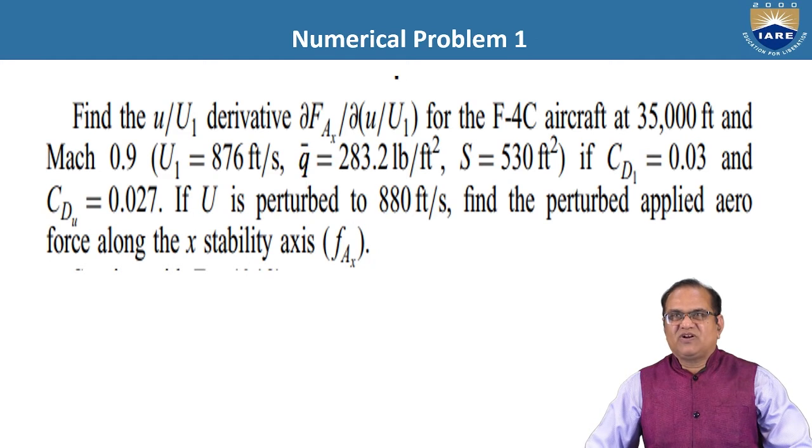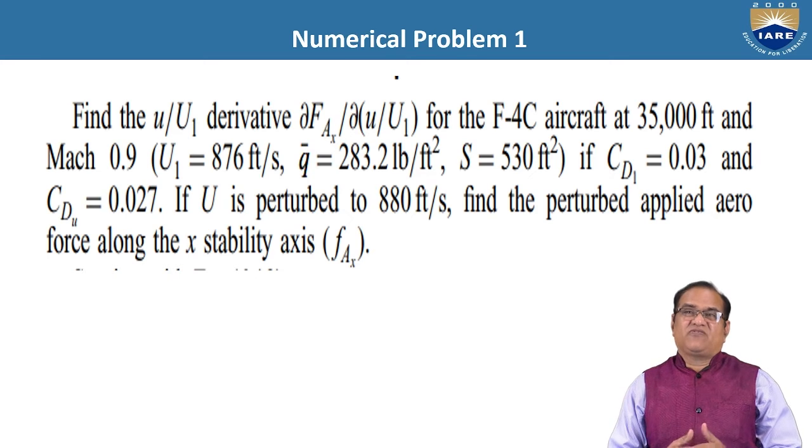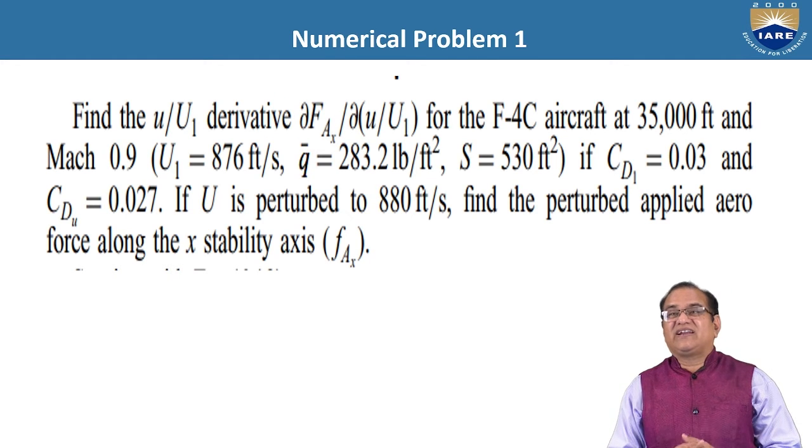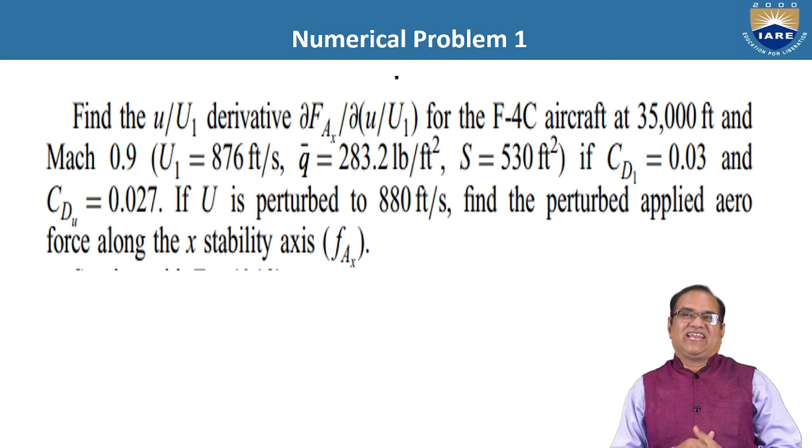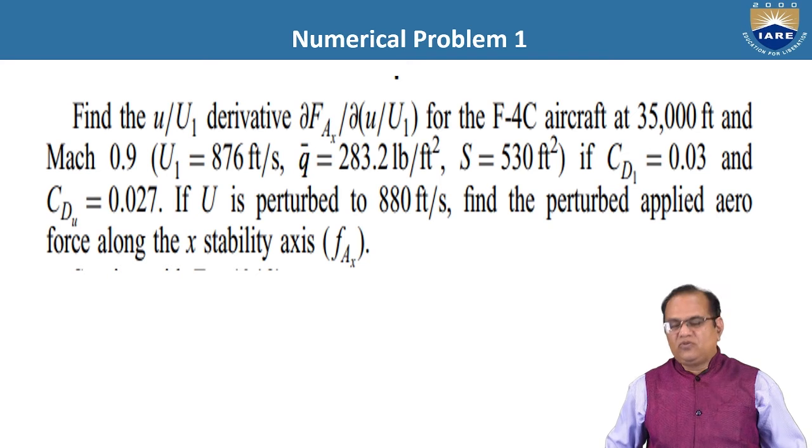Dynamic pressure Q is equal to 283.2. Area of the wing is 530 feet square. CD1 is this drag and CDU is this, and we have increased the speed from 876 to 880 feet per second. So what will be the force in the x direction? The new force in the x direction is what we have to find out.